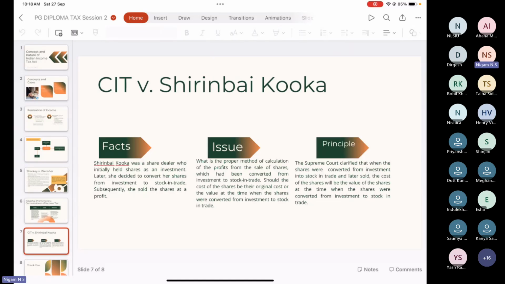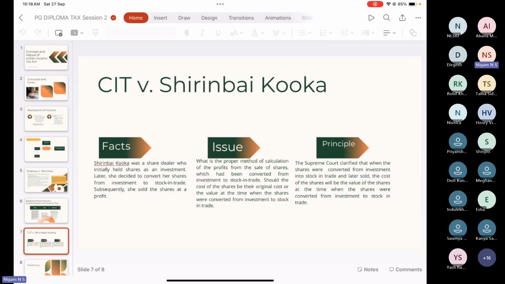Now, the Supreme Court clarified that when the shares were converted from investment into stock in trade and later sold, the cost of the shares in our hands will be the value of the shares at the time when the shares were converted from investment to stock in trade, not when these shares were initially bought by her.